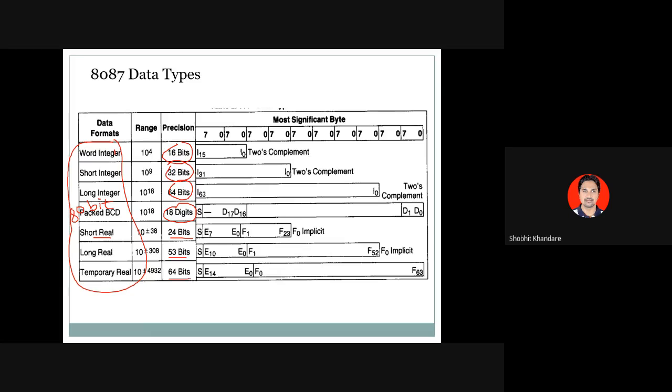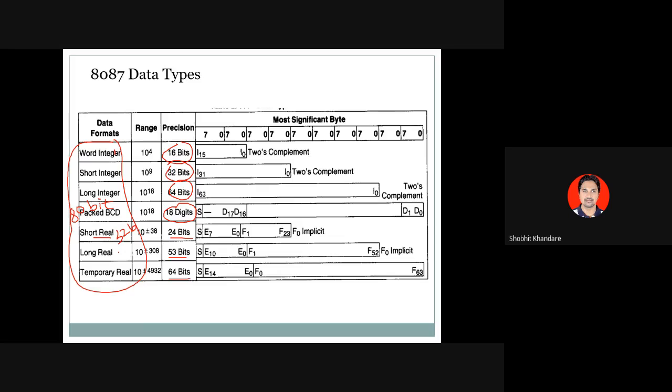Now, even though they have given the precision, if I give you the actual range, for short real, how many bits can the short real have maximum? It can handle 32 bits.